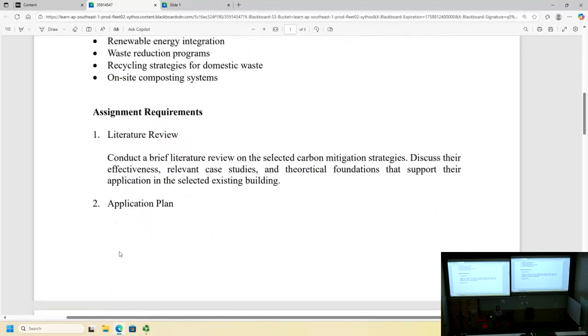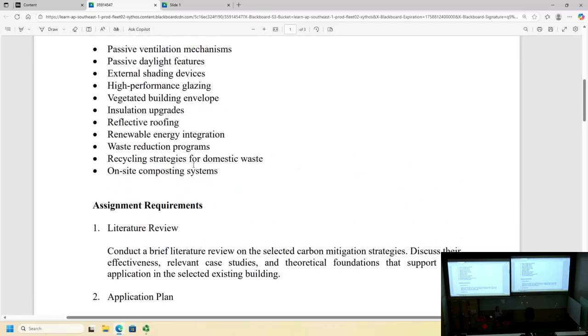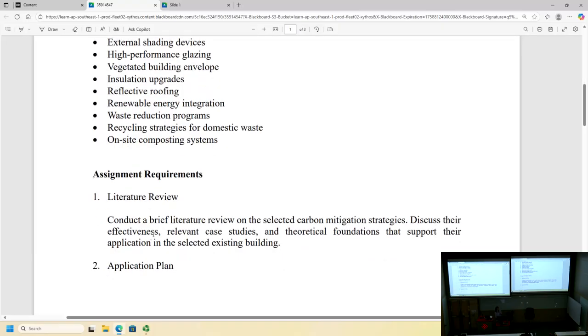What you need to do, first of all, is to conduct a brief literature review on the selected carbon mitigation strategies. So maybe you select an on-site composting system. You do a literature review and discuss their effectiveness, relevant case studies, and some theoretical foundations that support the application in the selected existing building.